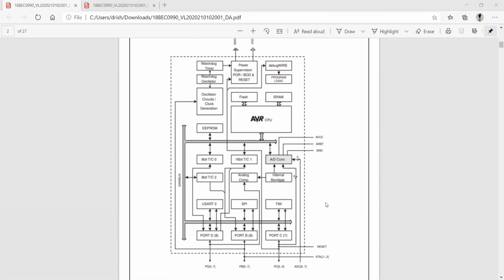The microprocessor also consists of oscillators, debugWIRE, program logic, power supervision, POR, BOD, and reset. It also consists of EEPROM. The timer counters are 8-bit, 16-bit, 8-bit, analog, and SPI, TWI.